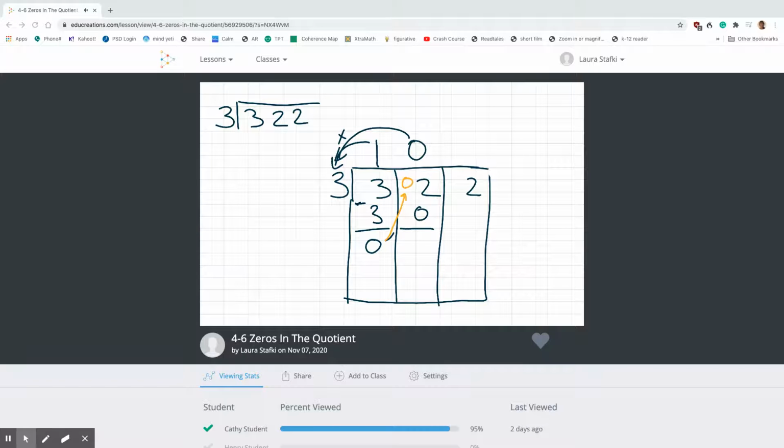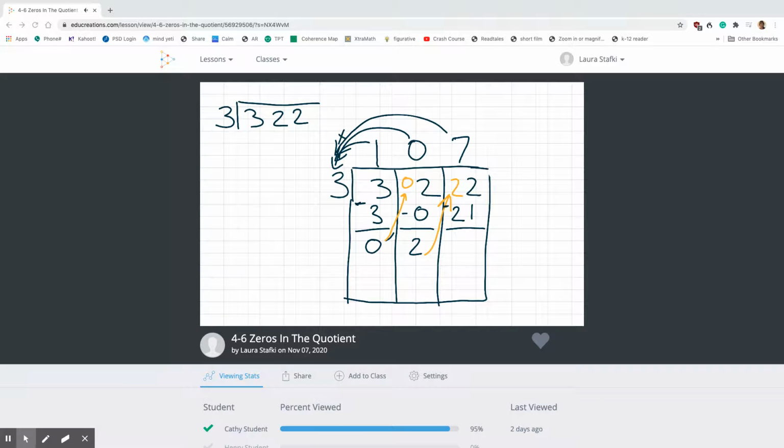So now I'm going to subtract. I'm going to bring my number up. Now I have 22. How many times does 3 go into 22? Pause your video. 7. 7 times 3. You don't need to draw the arrows. I'm just doing that to show you what I'm up to. 7 times 3 is 21. What am I going to do now?